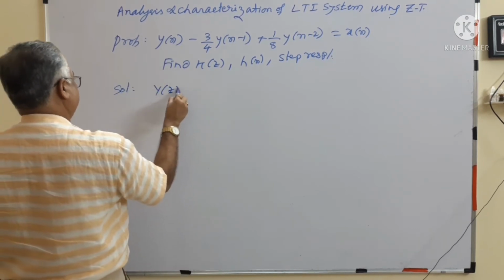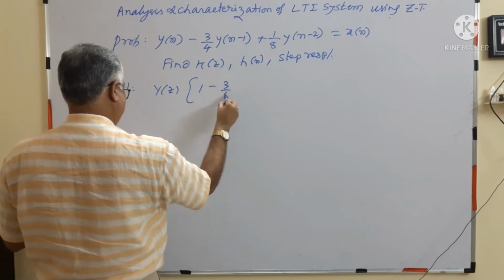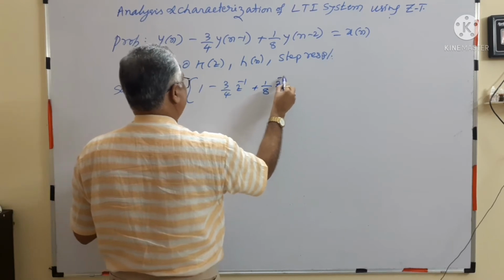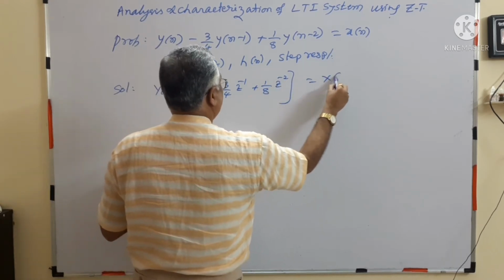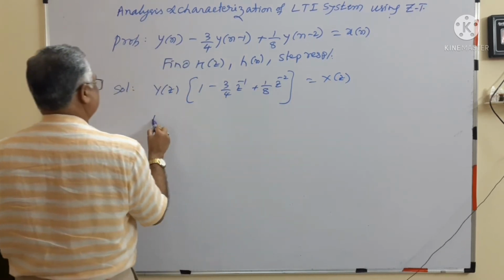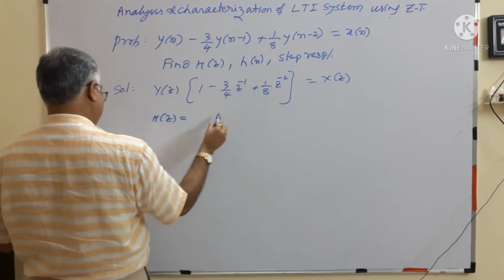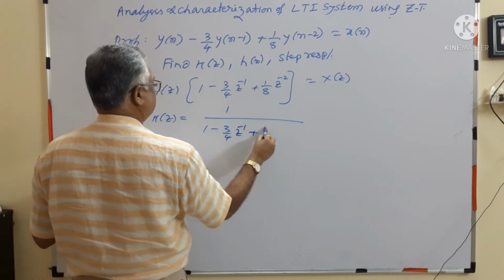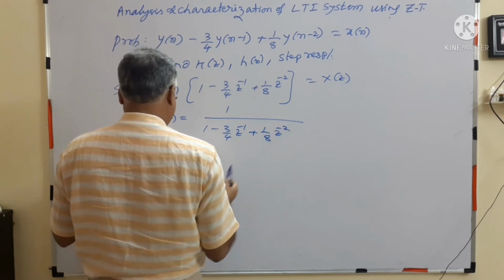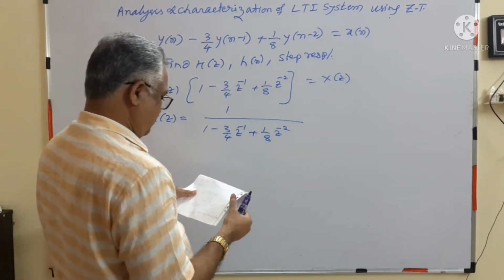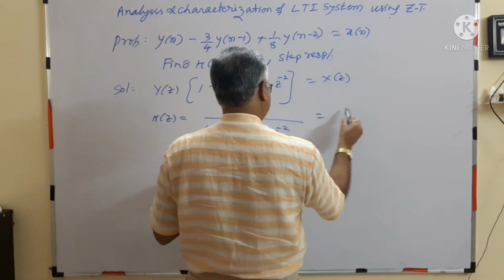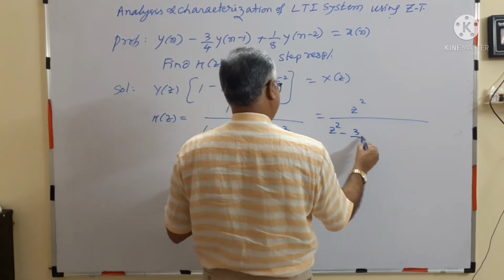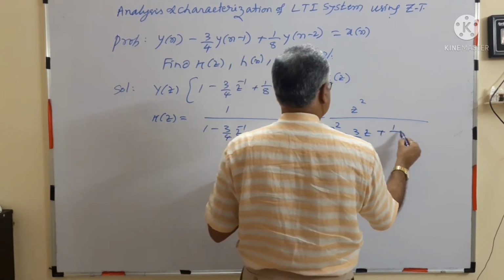Solution: Y(z) times (1 minus 3 by 4 z inverse plus 1 by 8 z power minus 2) equal to X(z). So H(z) is nothing but 1 by (1 minus 3 by 4 z inverse plus 1 by 8 z power minus 2). If you convert into positive, z square by (z square minus 3 by 4 z plus 1 by 8).